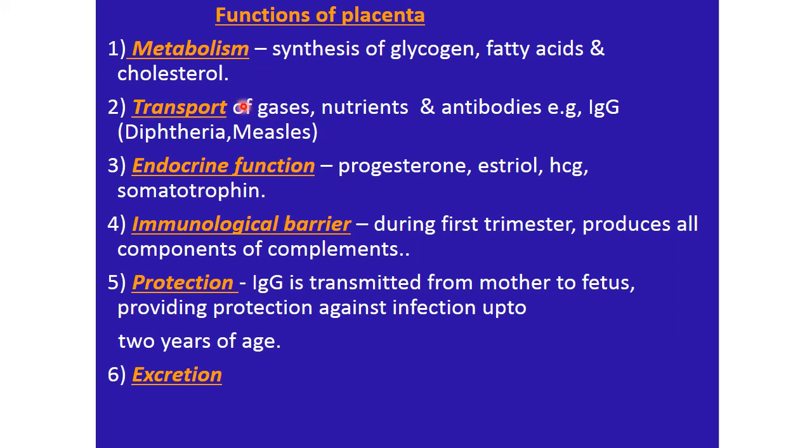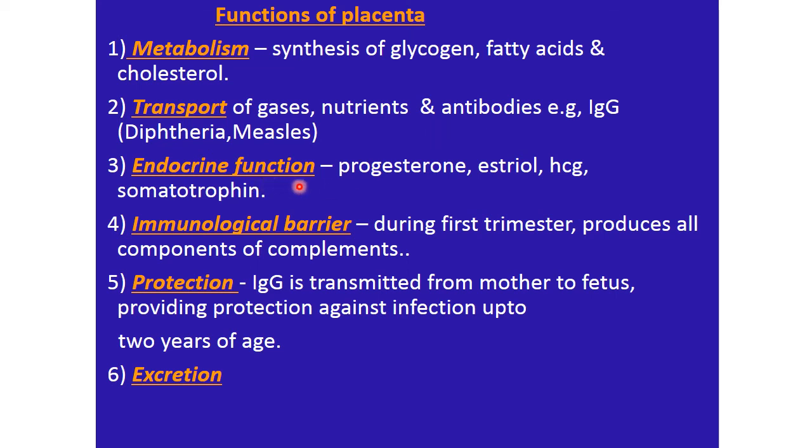It has metabolism, causing the synthesis of glycogen, lipid, fatty acids, and cholesterol, and also the very important function of transport, during which the exchange of gases, nutrients, and antibodies like IgG, especially for diphtheria and measles, goes from the mother to the fetus.